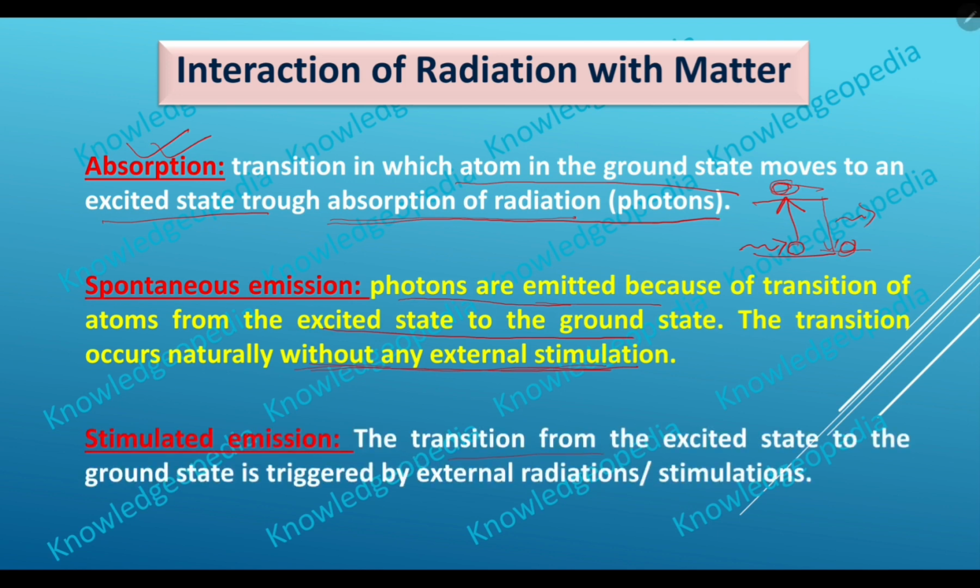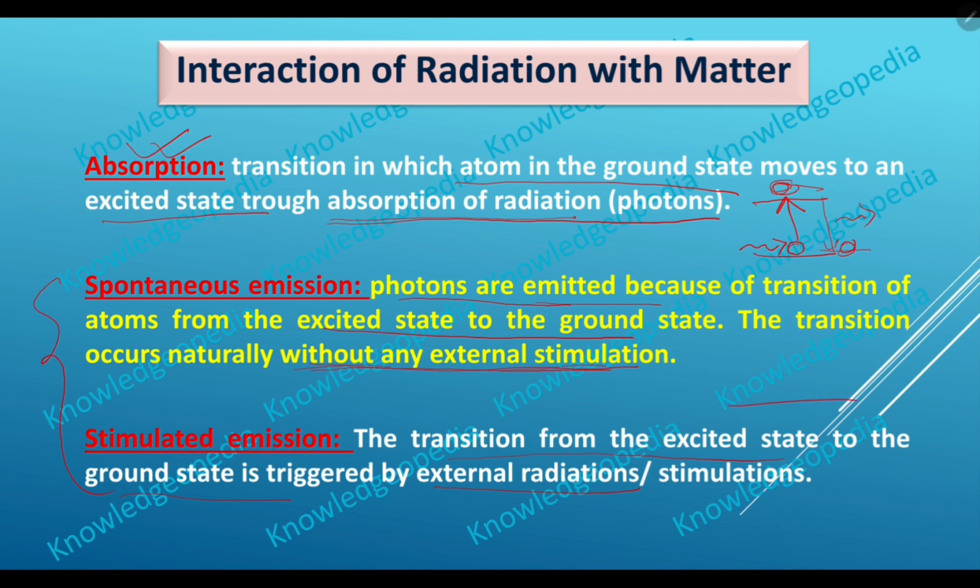In this case the transition from the excited state to the ground state is triggered by external radiation or stimulation. This is also an emission, right? That means the atom is moving from excited state to ground state, but the difference between these two is that spontaneous emission occurs without any external stimulation, whereas stimulated emission is triggered by some external radiation or stimulation.